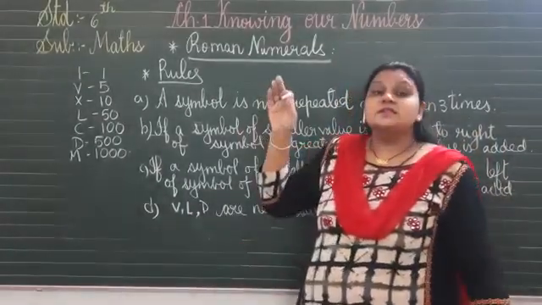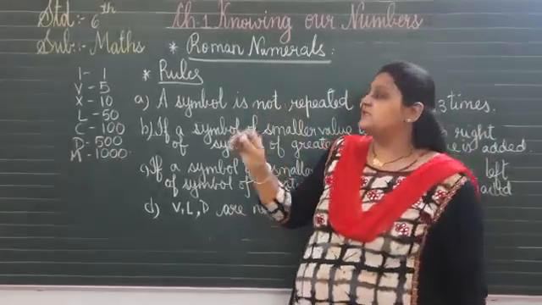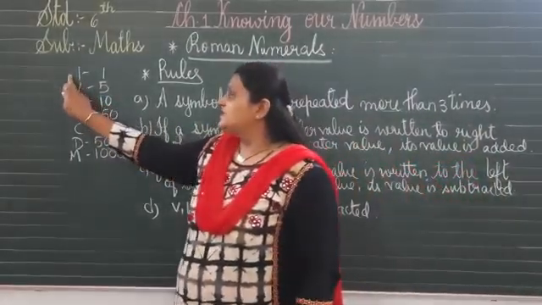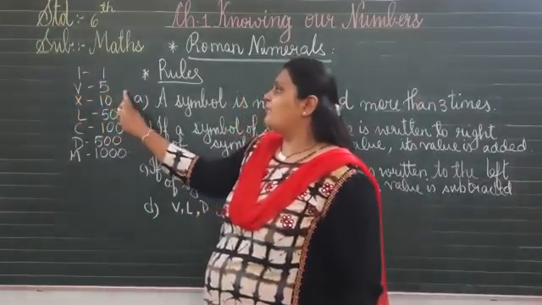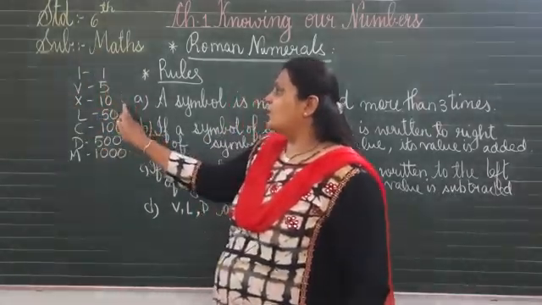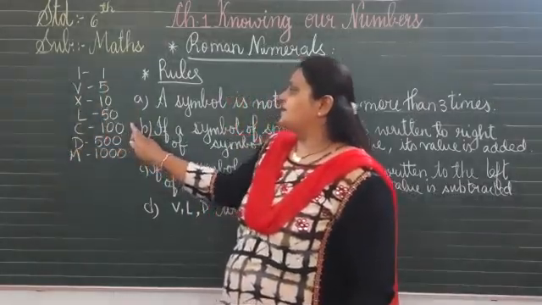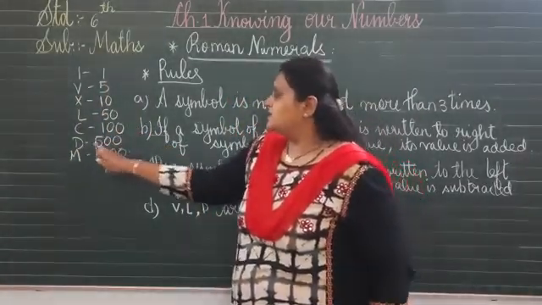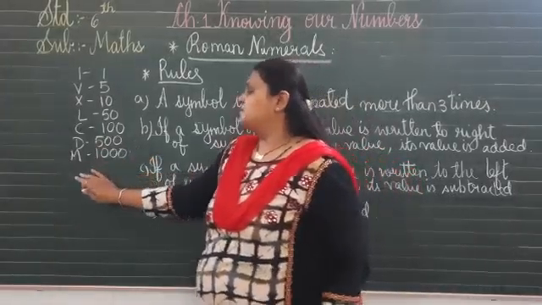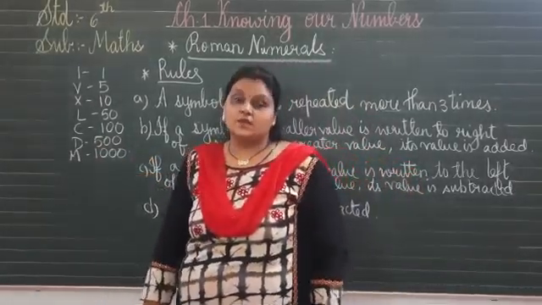There are 7 Roman numerals. First is I, which stands for 1, V stands for 5, X stands for 10, L stands for 50, C stands for 100, D stands for 500, and M stands for 1000.